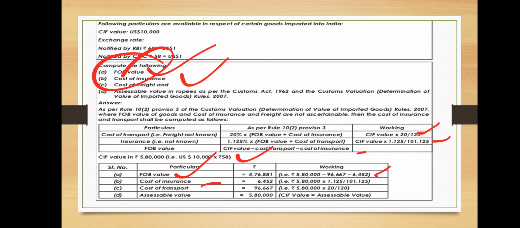Same way we do it for freight also: 20/120 of 5,80,000 gives 96,667. So the two values, if you do it directly from the CIF value, 5,80,000 minus 96,667 minus 6,452, you will get 4,76,881.